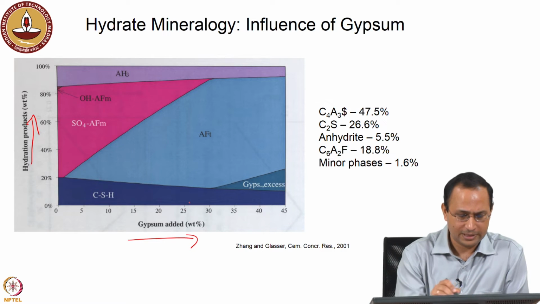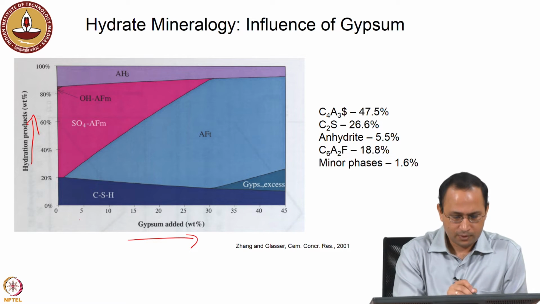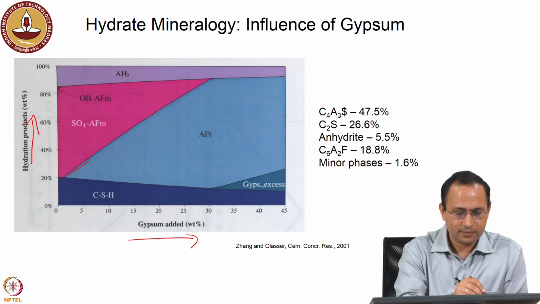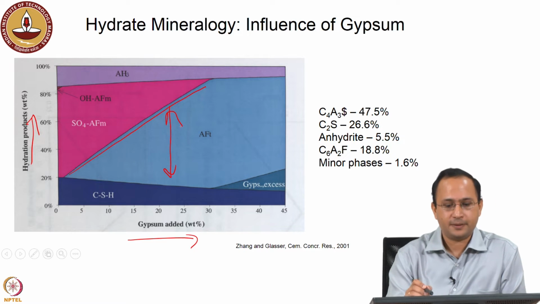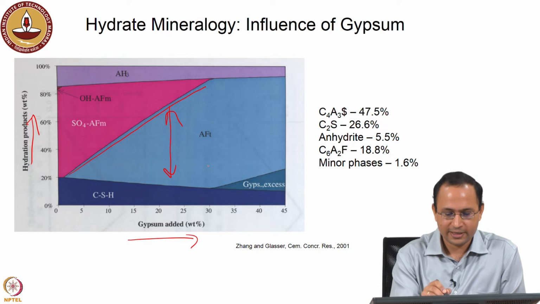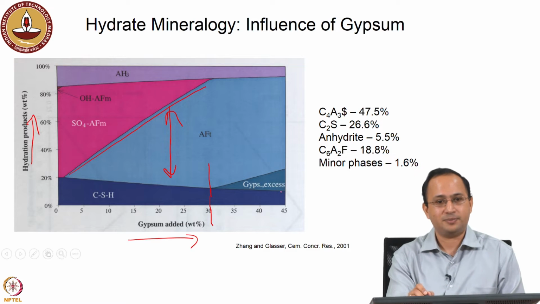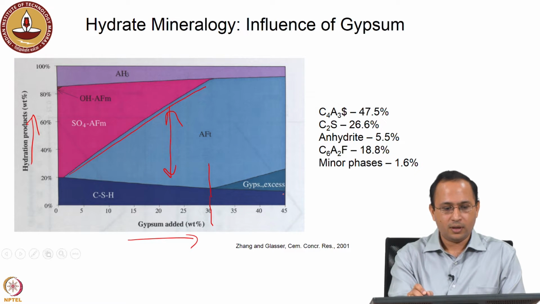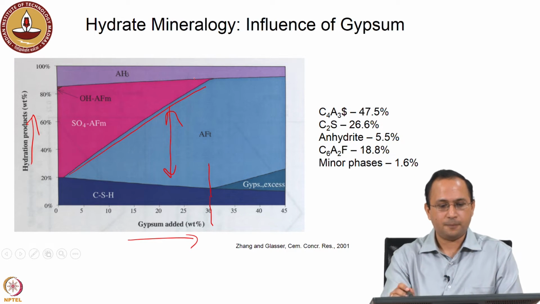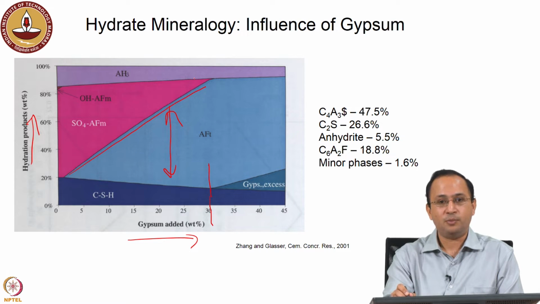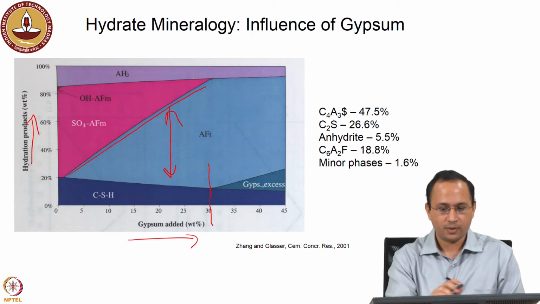With the increase in gypsum you see the AFt phase increasing, but beyond a point, in this case the 30% limit, you will have excess gypsum. Okay. Also we see formation of aluminum hydroxide.